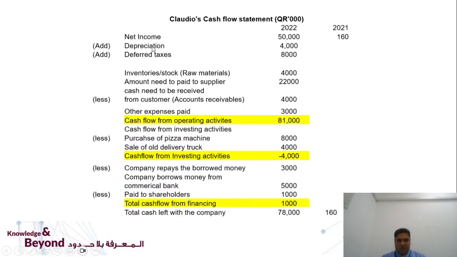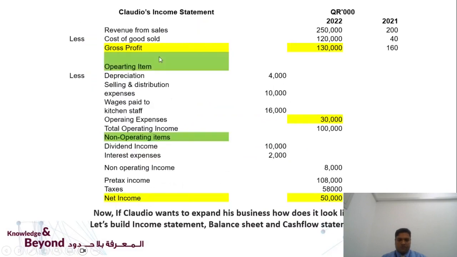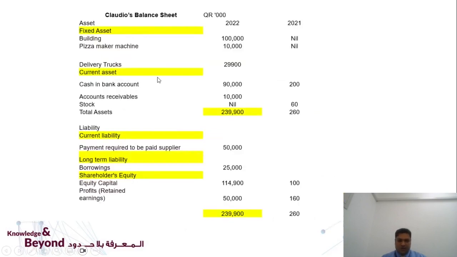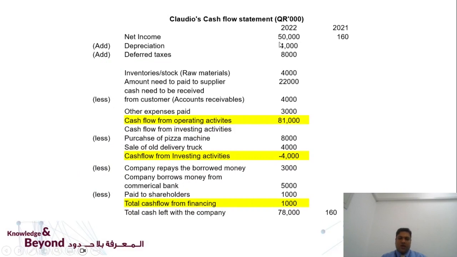We are adding back the depreciation here, because we deducted it as an expense in the income statement, but in reality, that is not an expense. We just record it in the books of accounts.